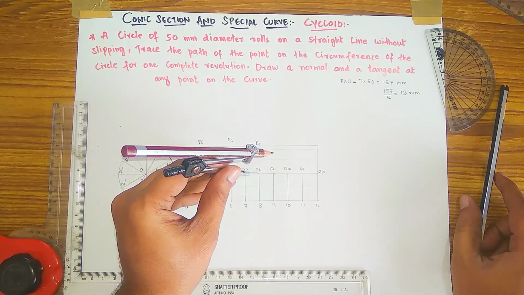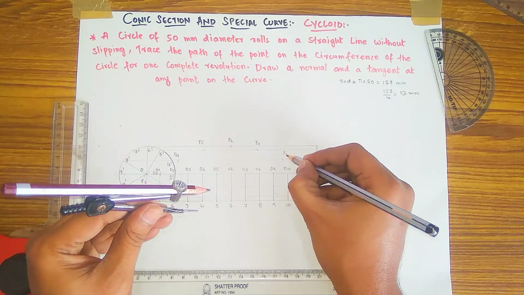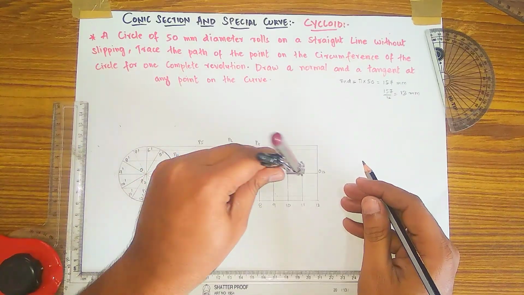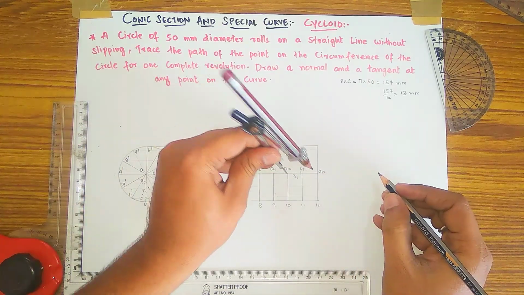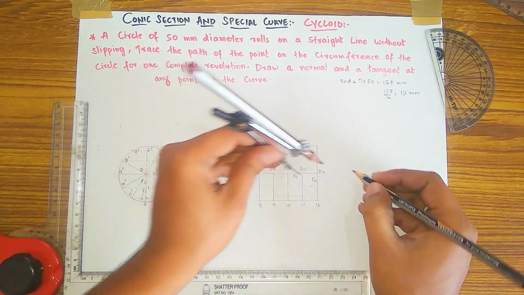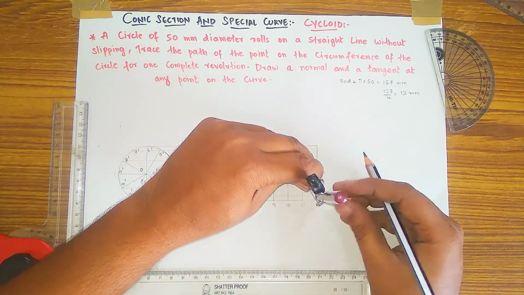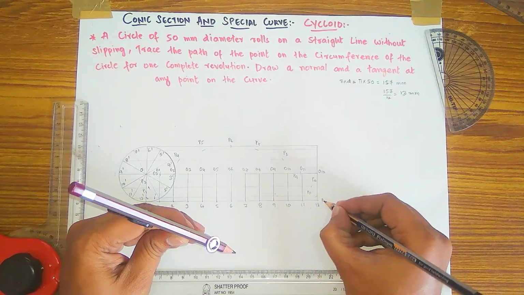Then from 8, this will be P8. From 9, this will be P9. From 10, this will be P10. From 11, this will be P11, and the last is P12.